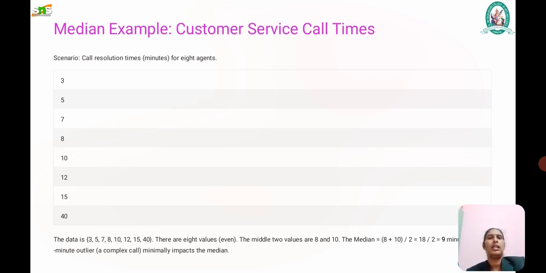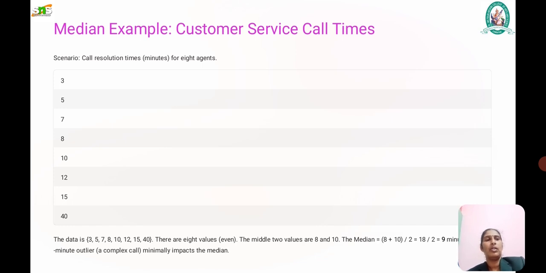Another set of values is given: 3, 5, 7, 8, 10, 12, 15, 40. How many values are given? 8 values are given, arranged in ascending order. Then you have to calculate, for example, how many customer service calls are attended by each agent.